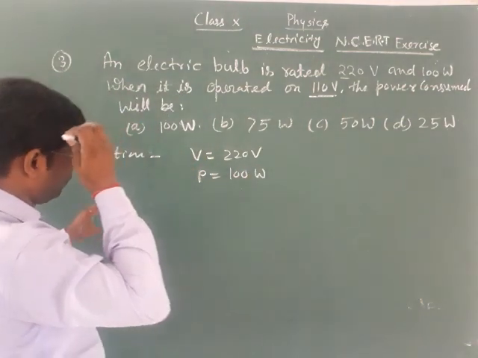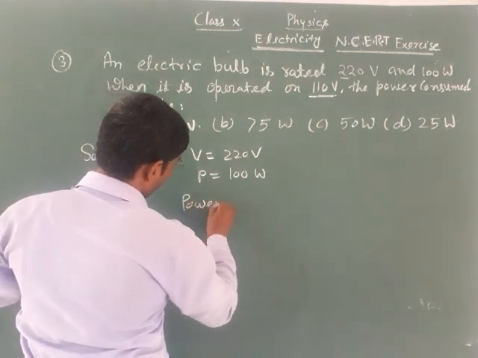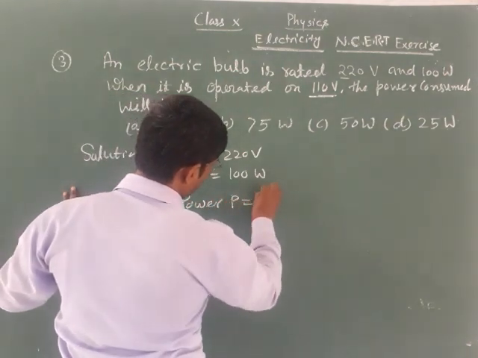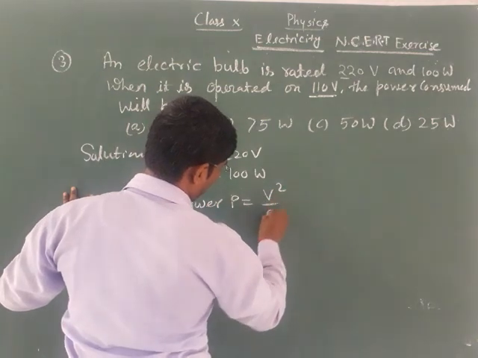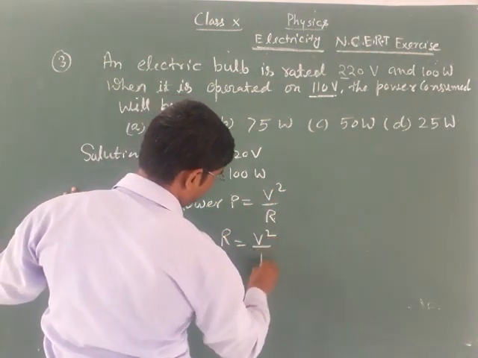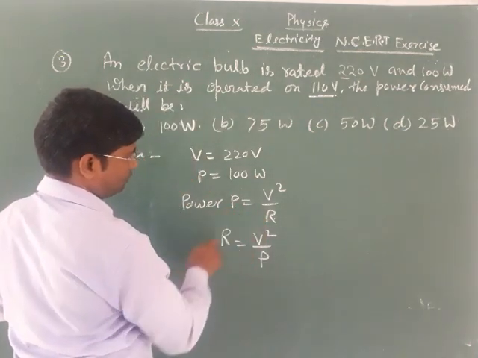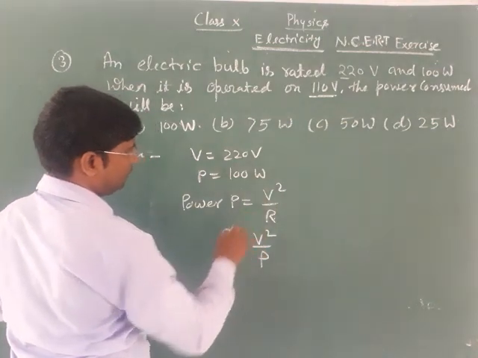Power P is equal to V square by R, or R is equal to V square by P. Now replace these values here.